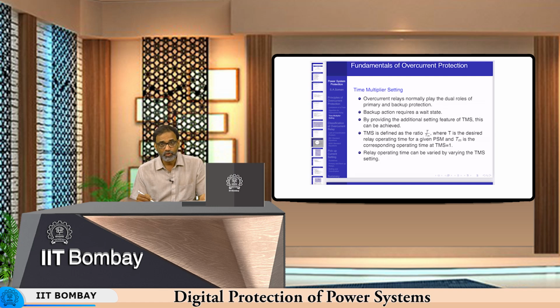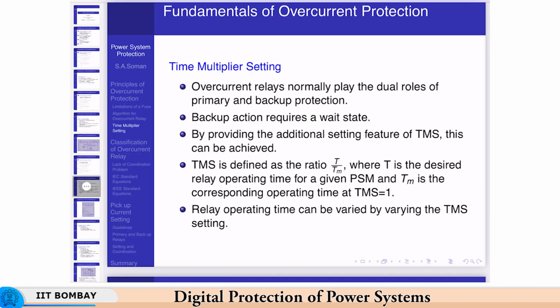If that relay fails to operate for some reason, there are various reasons why the relay could fail to operate. It has not detected the fault properly, or maybe its TC supply is not correct, or there could be an error with its CT, or so many other reasons why the relay does not operate. The primary relay does not operate. So, if it fails to operate, then you can't leave the fault hanging. So, there is a backup protection which is always provided.